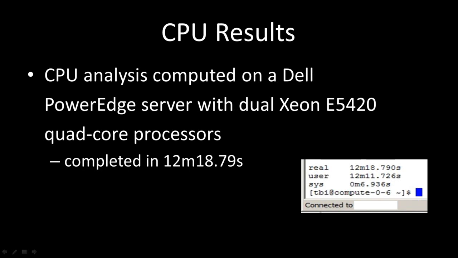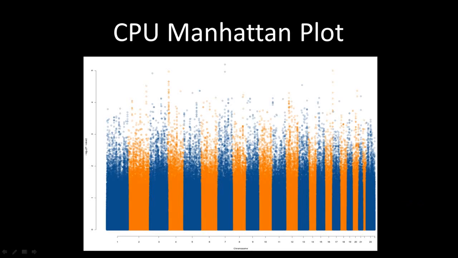CPU analysis was performed on a Dell PowerEdge server with dual Xeon quad-core processors. The analysis completed in 12 minutes and 18.79 seconds. And this is the CPU Manhattan plot.